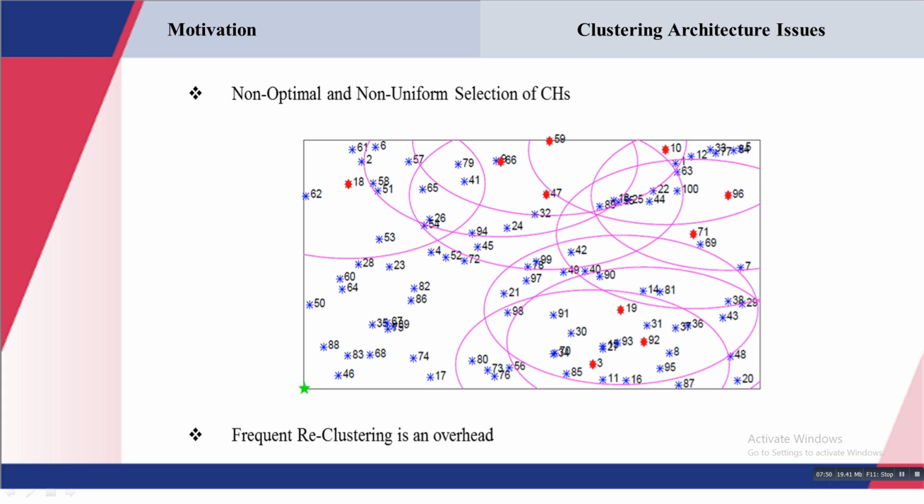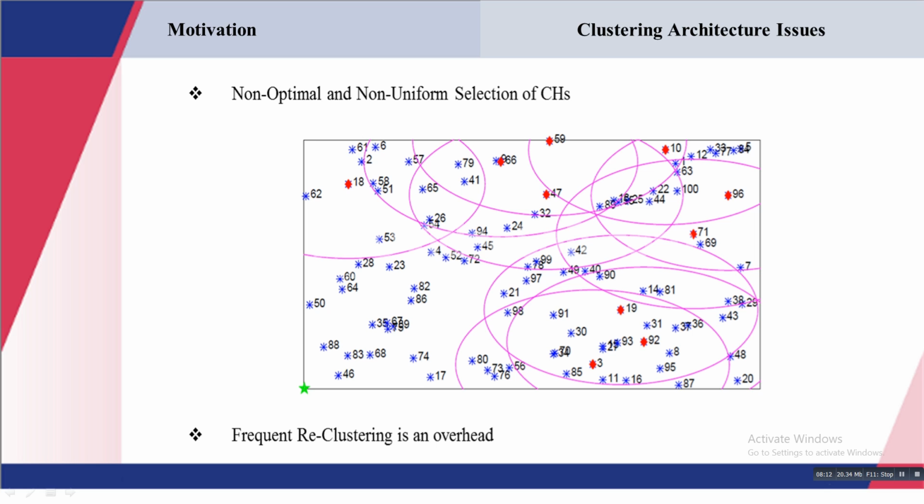The sensor nodes which have a cluster head will work for a longer duration, and the sensor nodes which have no cluster head in their periphery will die earlier, and hence the network lifetime will decrease. So this is one of the problems of non-uniform selection of the cluster head.